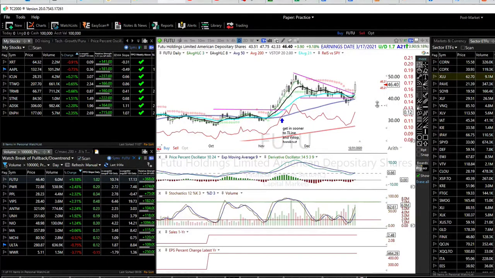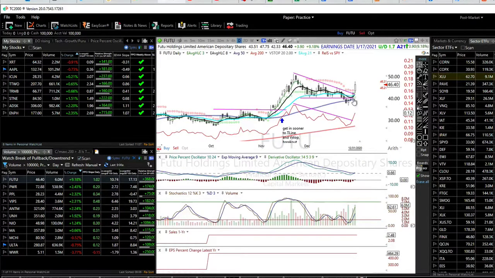So it's kind of nice. You can sort of squeeze it down. So you can see the relative strength is moving, which means that it's moving up in relation to the S&P 500. You could even put a line like this across the relative strength to see that you've broken through a downtrend as well. So FUTU stock is looking pretty good.